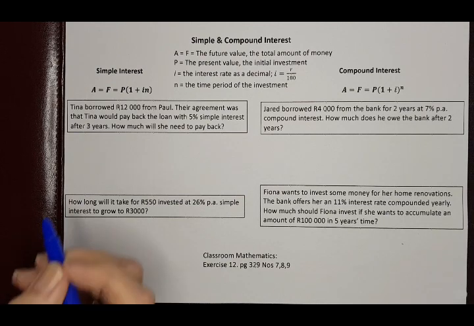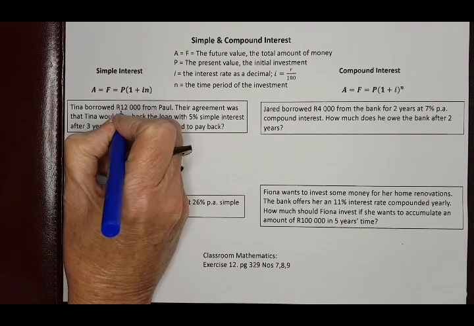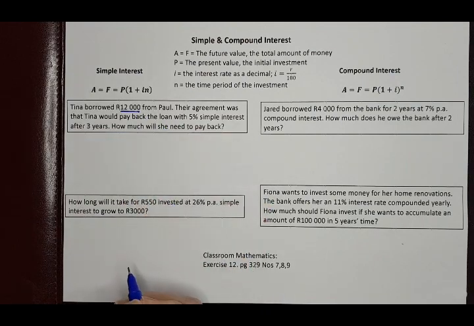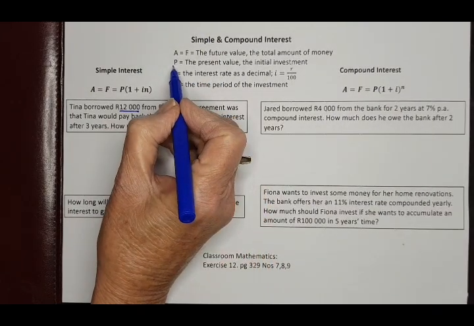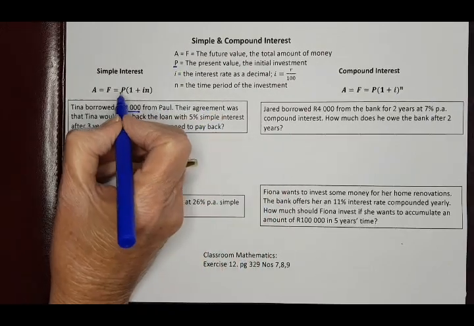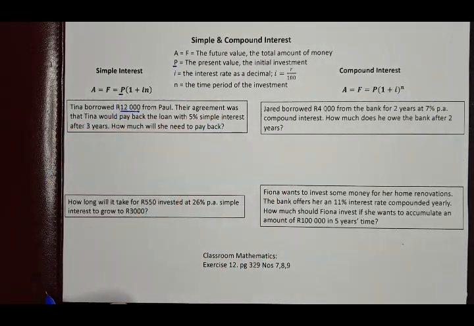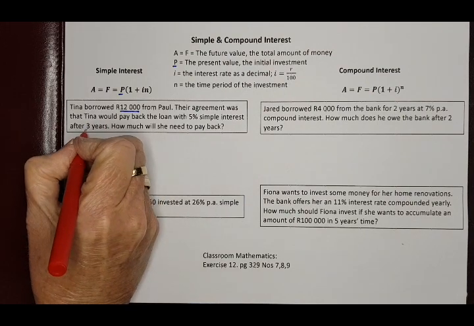In this particular case, Tina borrowed. That means that's what happens now. Your present value, which we use the letter P to represent. The agreement was that Tina would repay this money at the end of a period of 3 years.